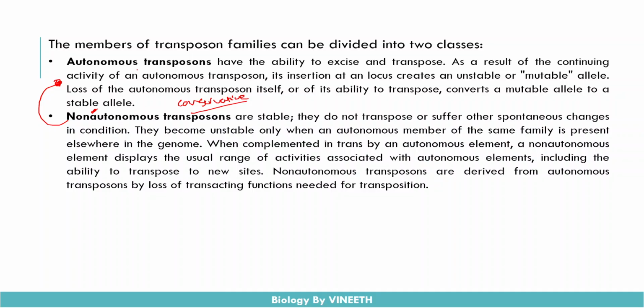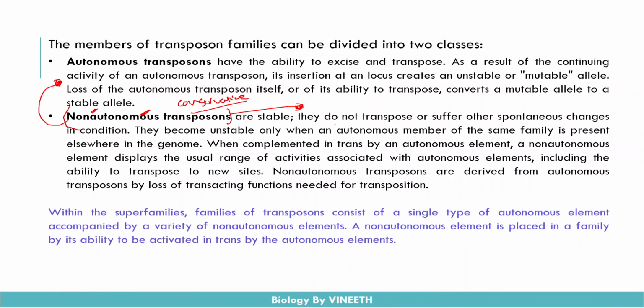The enzymes encoded by the autonomous transposons are utilized by the non-autonomous transposons to move into different locations of the chromosomes. Non-autonomous transposons do not encode any transposase or integrase enzymes. They are completely dependent on the autonomous elements of their family.